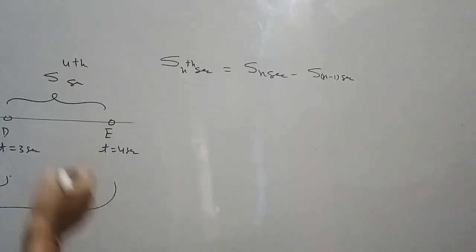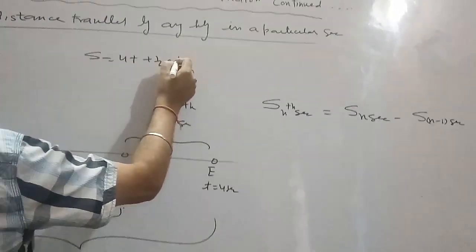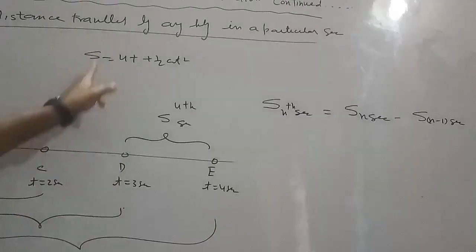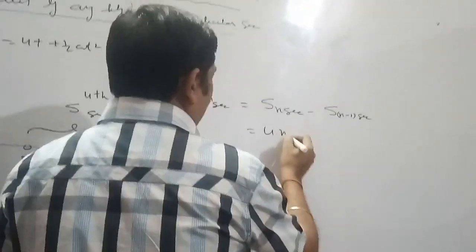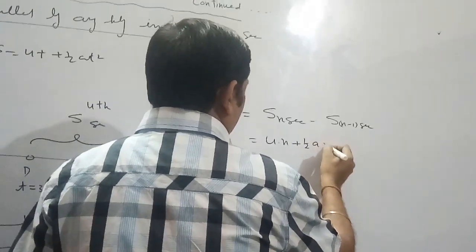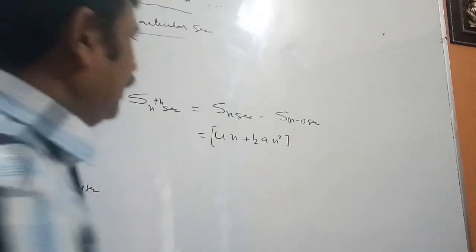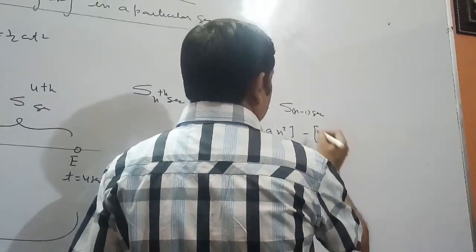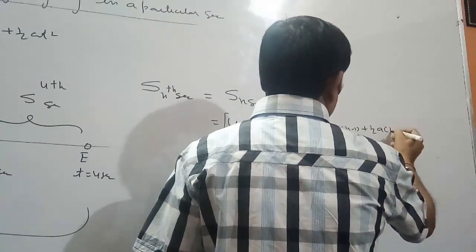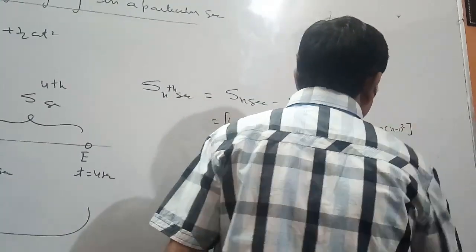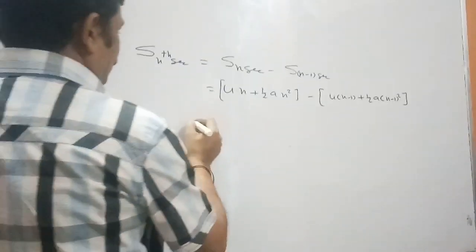Now, if in t seconds the body travels a distance equal to ut plus half at square, how much distance does the body travel in n seconds? Put t is equal to n: un plus half a into n square. It is the distance travelled by the body in n seconds, minus u into n minus 1 plus half into a into n minus 1 whole square. This is the distance travelled by the body in n minus 1 seconds.